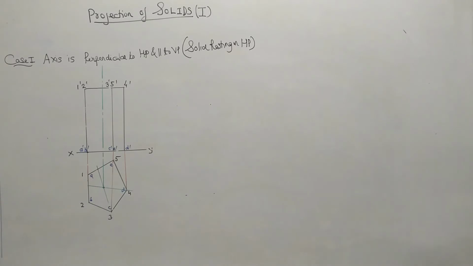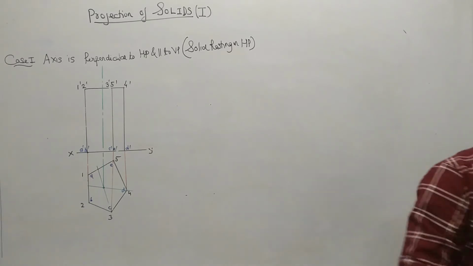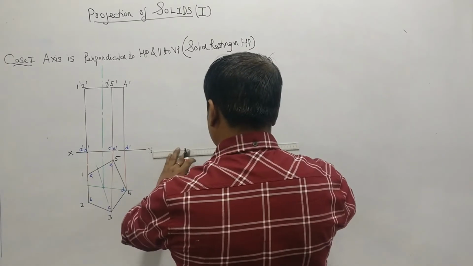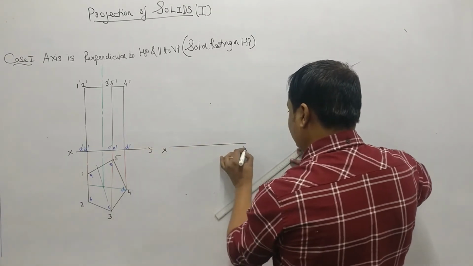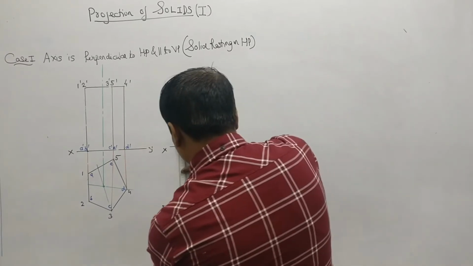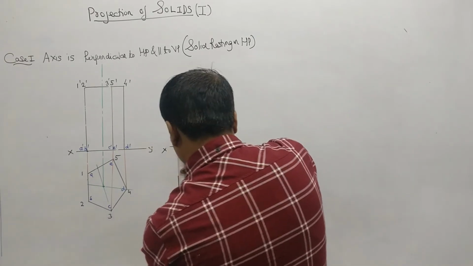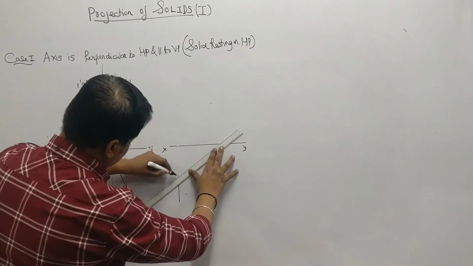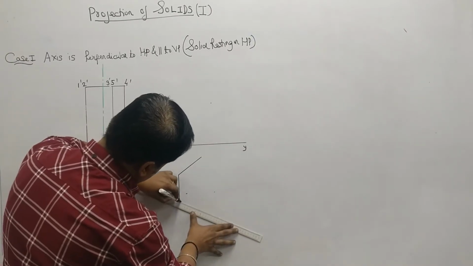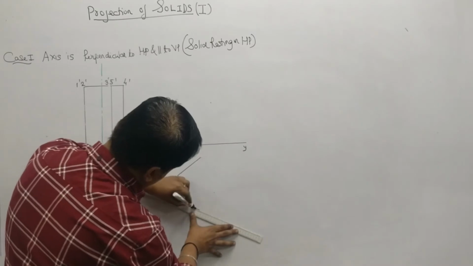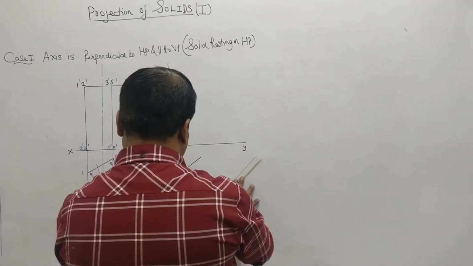So the projection is going to be like this. This is XY. The top view will be a pentagon, and the front view will be a triangle.